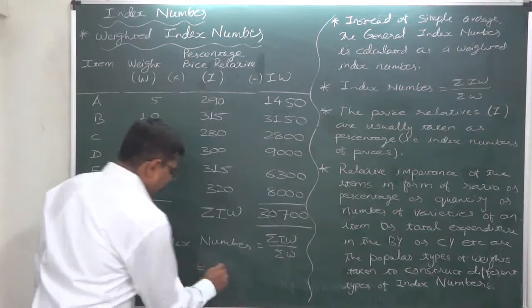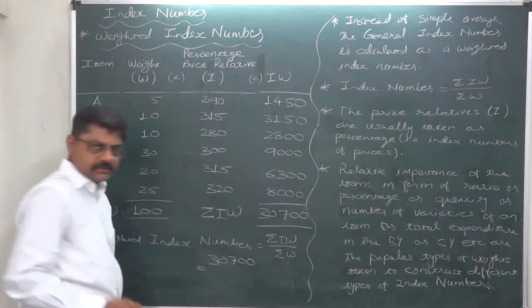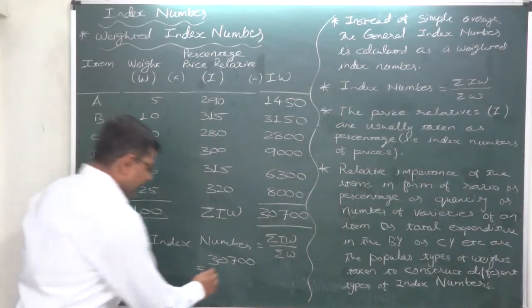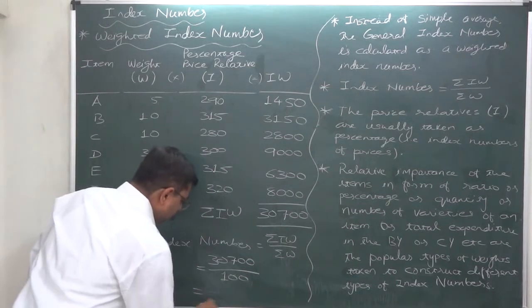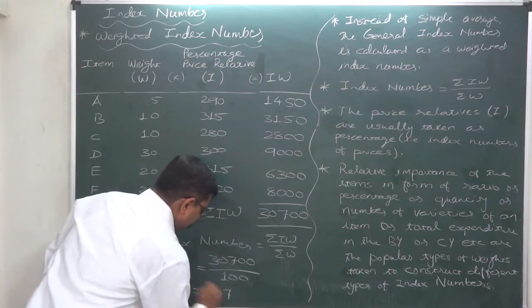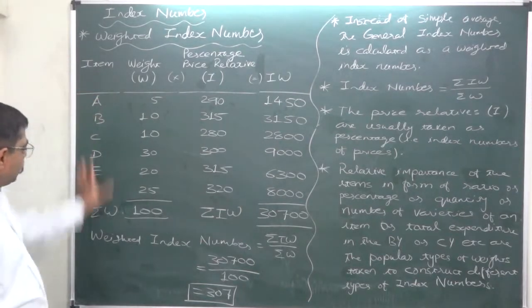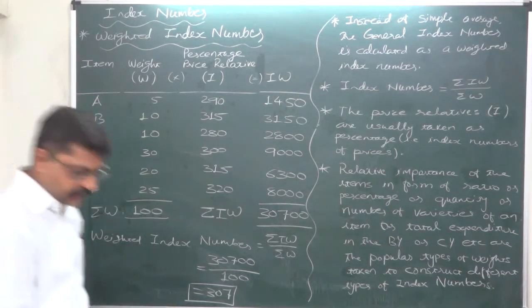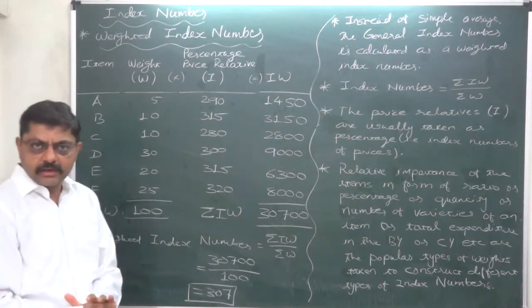Sigma IW upon sigma W. In real life also these kinds of jokes continue to happen. 30,700 divided by 100, so it comes to 307. The weighted general index number of this particular group is 307. So we can say 307 minus 100, 207.